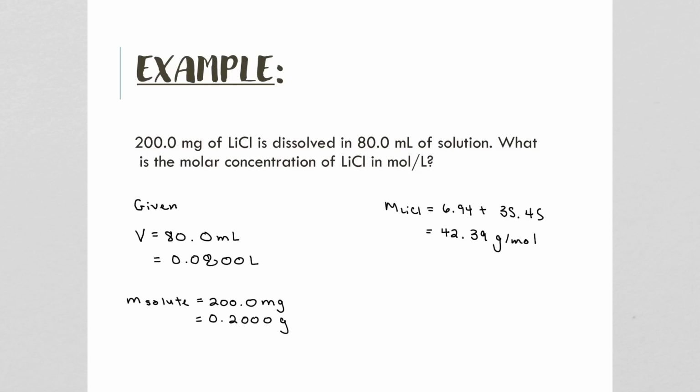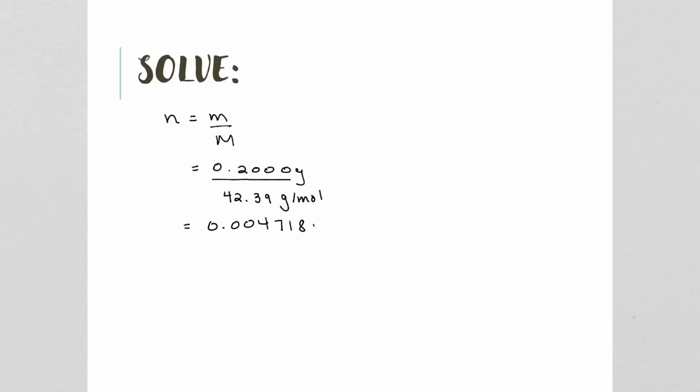So now we can find the molar concentration. So remember, to find the number of moles, that's equal to the mass over the molar mass. So that's equal to 0.2000 grams divided by the 42.39 grams per mole, which is equal to 0.004718 moles.